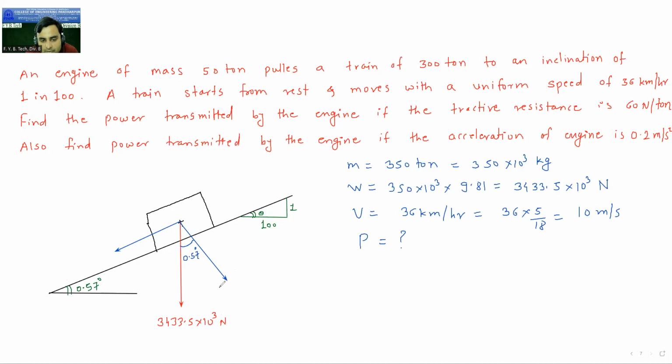So it is 3433.5 into 10 raised to 3 cos of 0.57. This is 3433.5 into 10 raised to 3 sine of 0.57 degree.